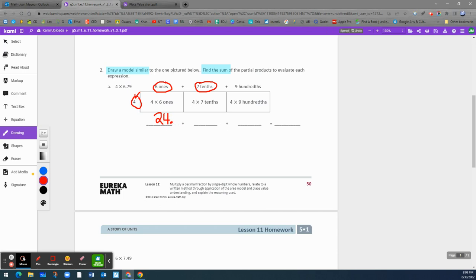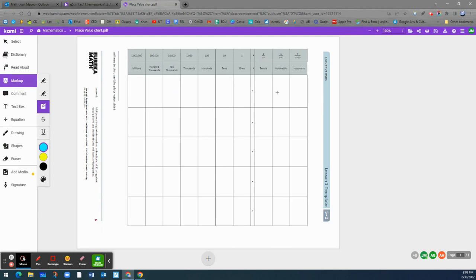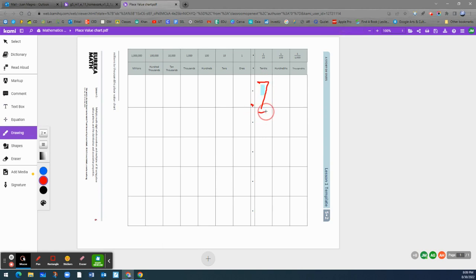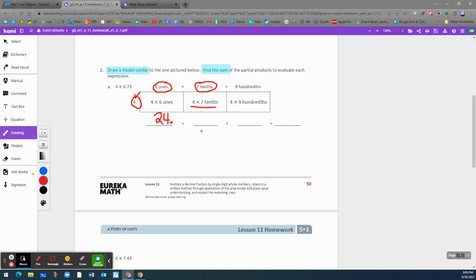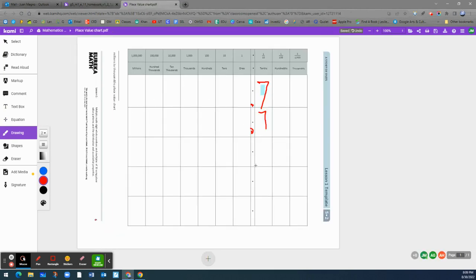Now, what is 4 times 7/10? If I'm not sure, I'm going to say that I have 4 copies of 7/10. So I will go right here and say, this will be 7/10. And how many copies? 4 copies of 7, which is 4 times 7.